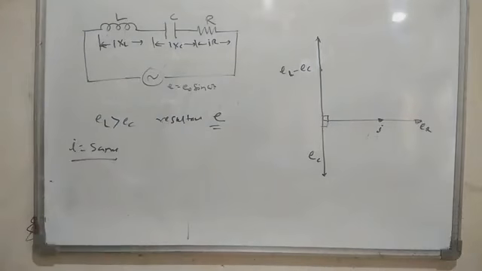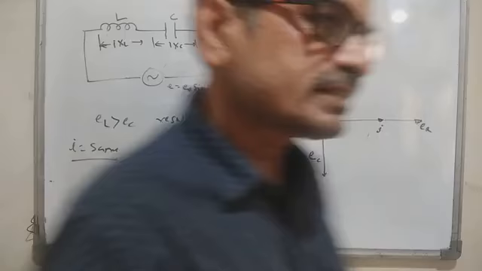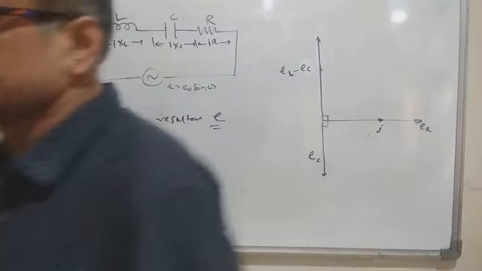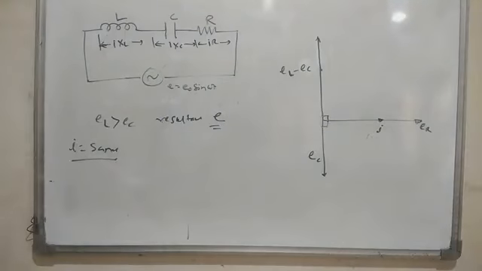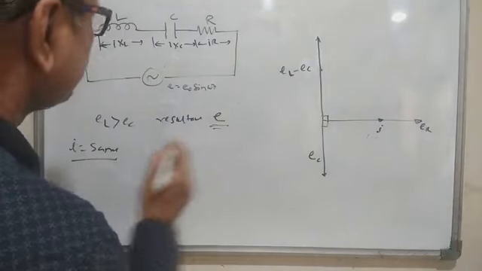In case of parallel circuit, the voltage across all the branches is the same and the current gets divided. So let us calculate the resultant E over here.